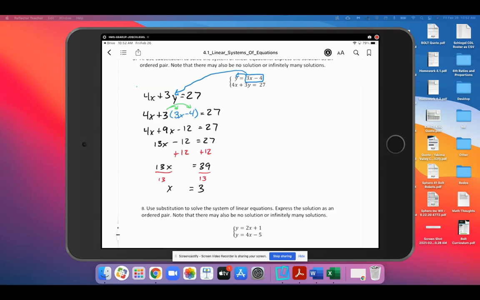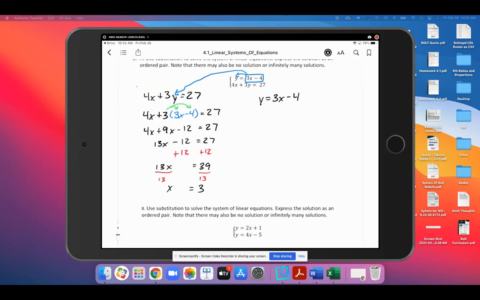And so now that it is known that x is equal to 3, I can substitute x back into either one of the original equations. And I'm going to, in my case, choose the one that I think looks easier. And for me, the one that looks easier is y equals 3x minus 4.